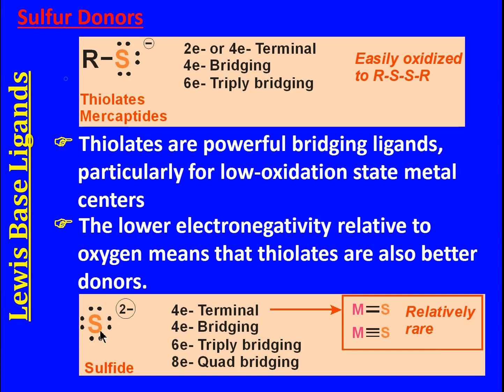The most common case for sulfide is the bridging sulfide, mu2 to 2 metal centers and 4 electron donor in total, or mu3 bridging, 6 electron donor, or quadruple bridging, mu4, 8 electron donor.